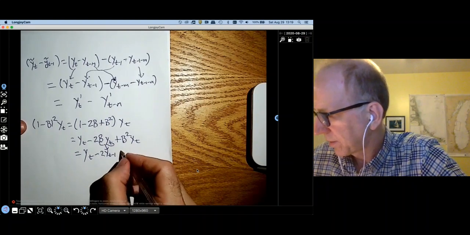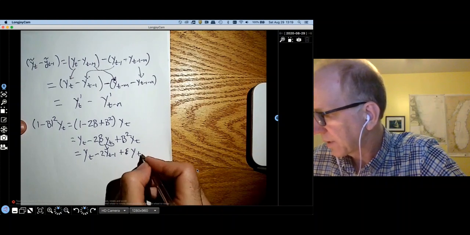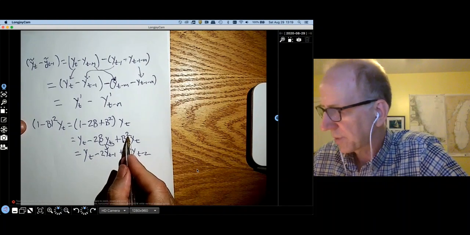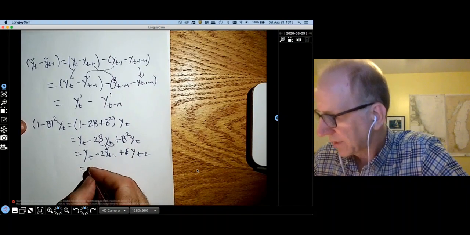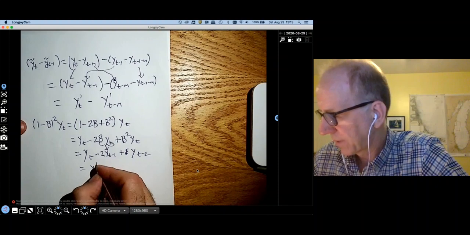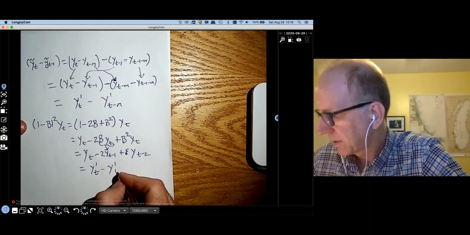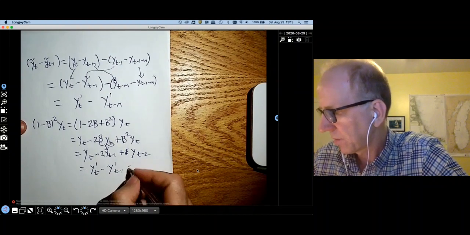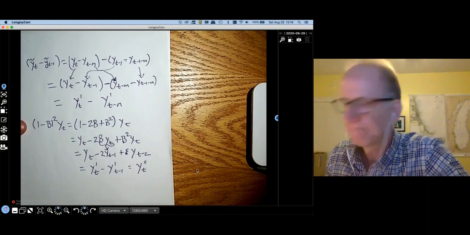This is going to be plus yt minus 2. So that in the exponent means go 2 back. But we can see that this was just y prime t minus y prime t minus 1, otherwise known as y double prime sub t.